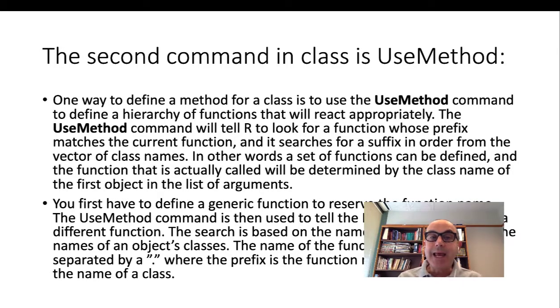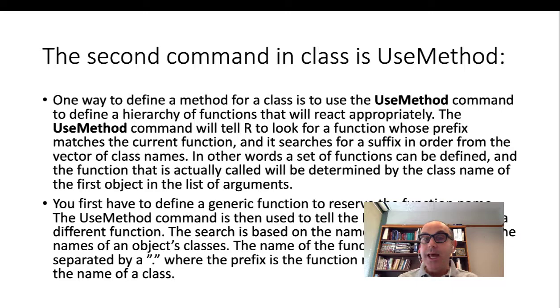The second command in classes is UseMethod, and one way to define a method is through the class UseMethod command. Again, in R it will look for a function whose prefix matches the current function, and it searches for the suffix in the vector of the class name.